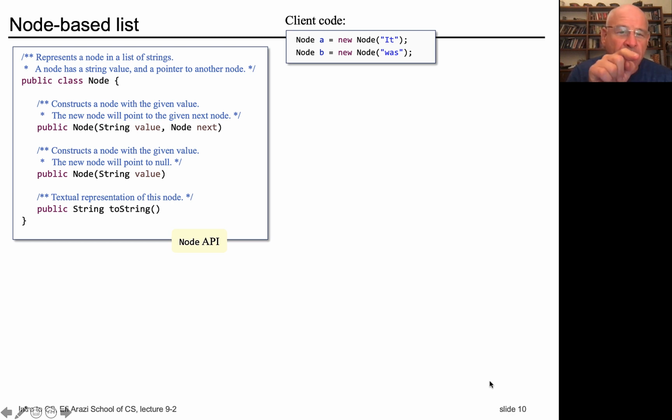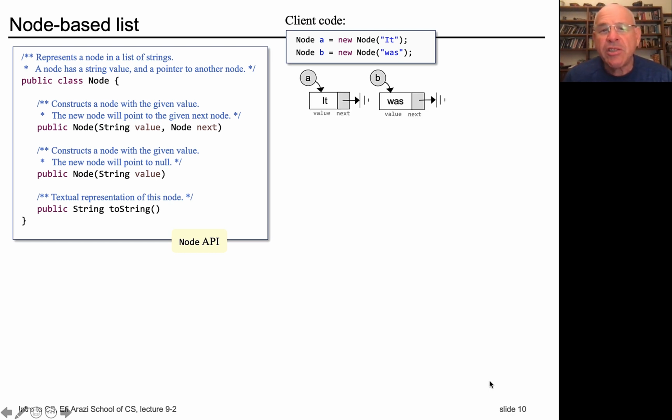So I'm going to invoke the second constructor, which is going to give me these two nodes, right? I have two nodes that are disconnected from each other. There are two pointers, A and B, that point at them, and both nodes have a null next field. Okay, both nodes point to null.